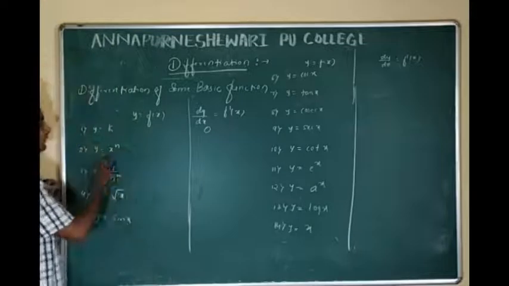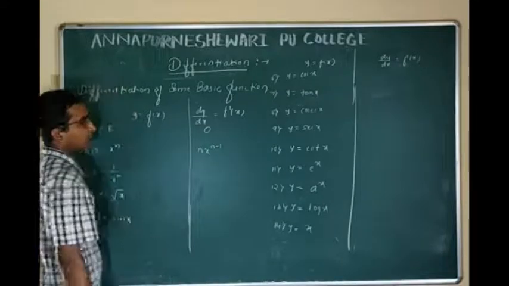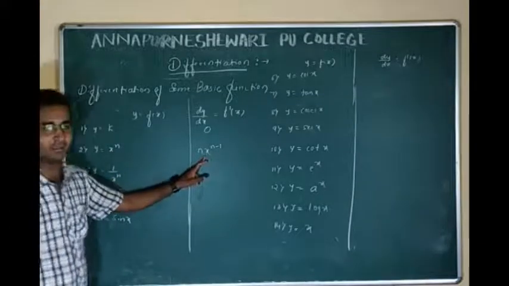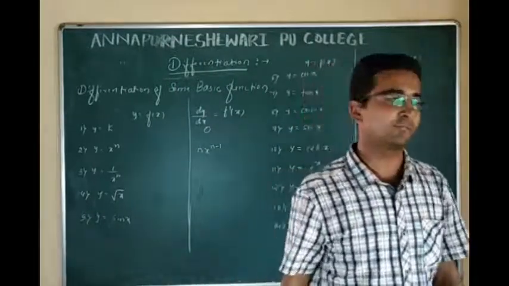So the differentiation of y equal to x raised to n is n into x raised to n minus 1. How do we get the differentiation of x raised to n as n into x raised to n minus 1? Can you remember this one?